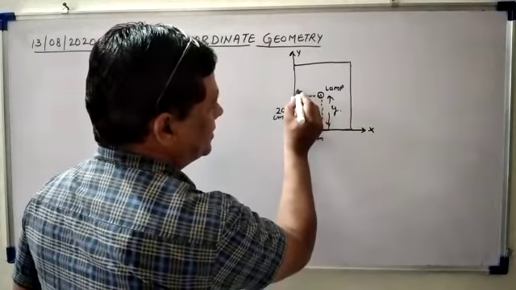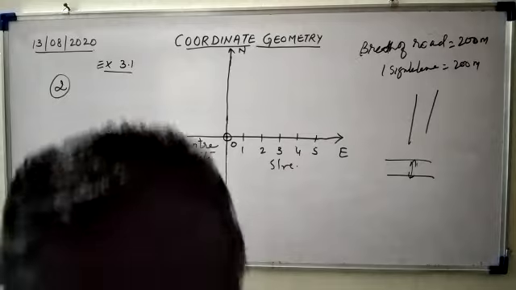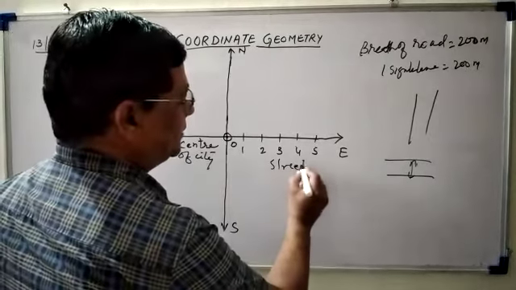The 5 streets from this part and 5 from this part will intersect and cross each other. See, 1, 2, 3, 4, 5. These are streets.